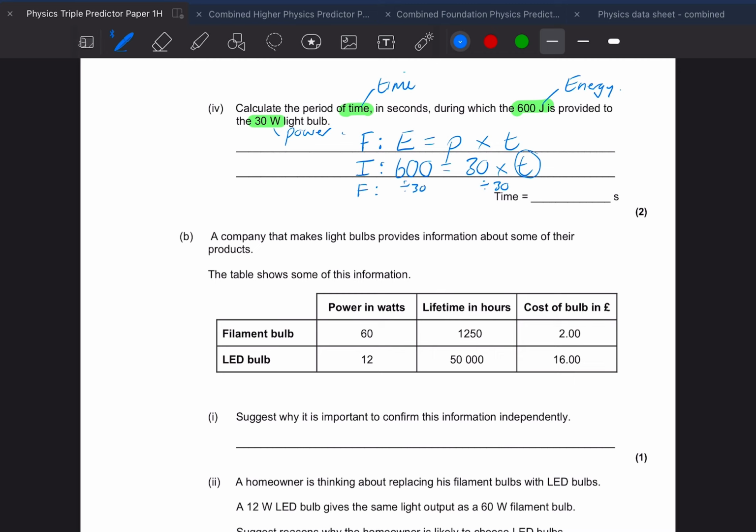So we should end up with 600 divided by 30 is equal to time as the subject. 600 divided by 30 gives us 20 seconds. That makes sense.